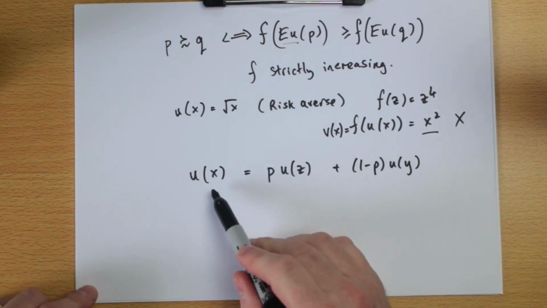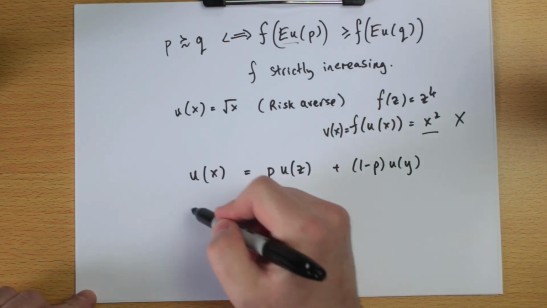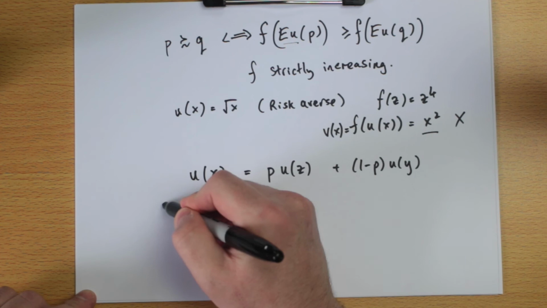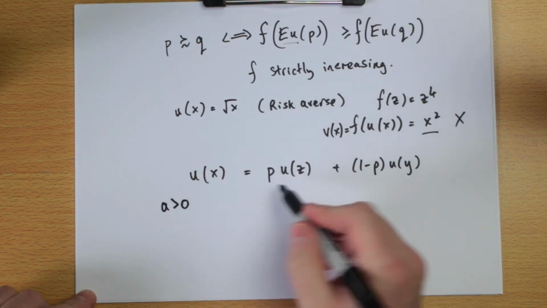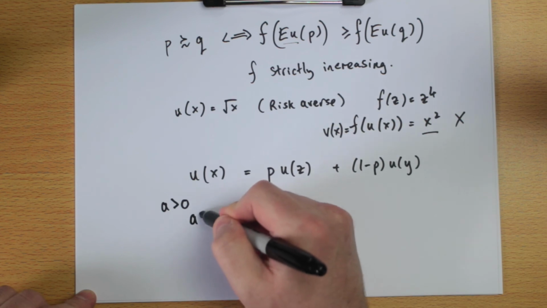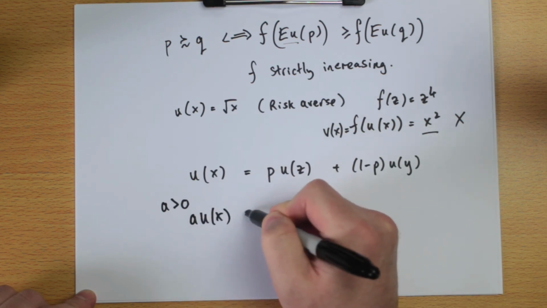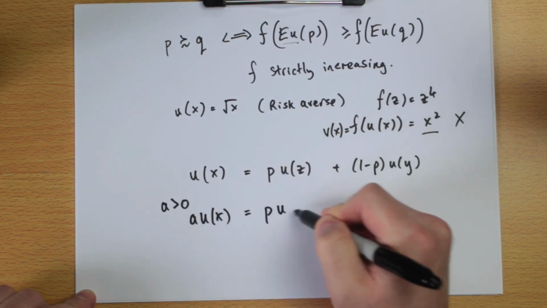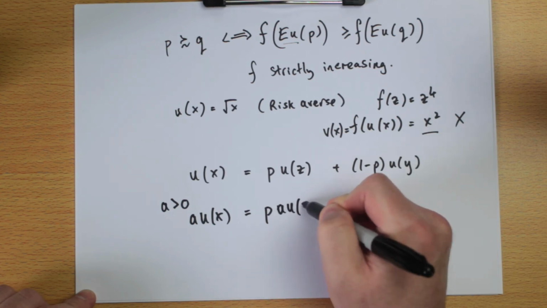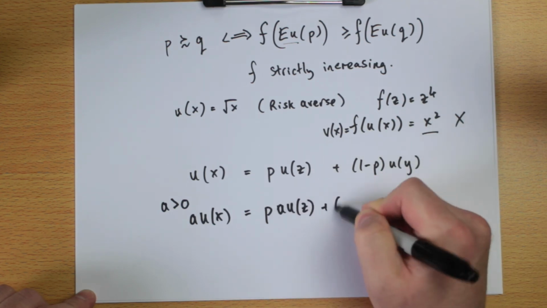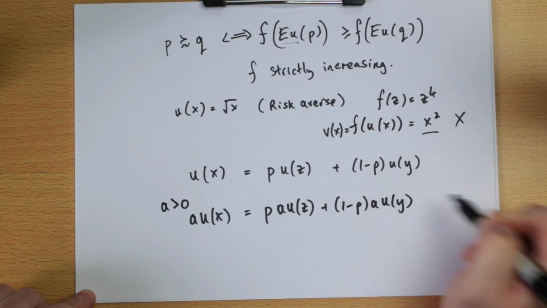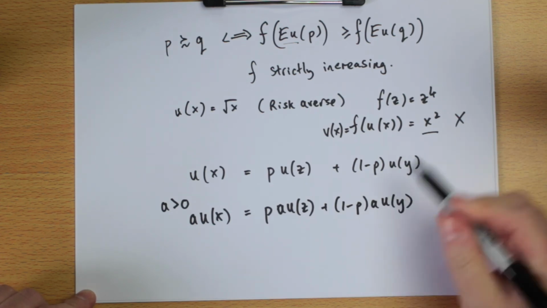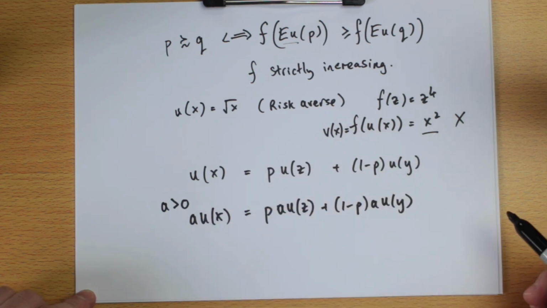If I multiply everything by some number A, positive, then this equation is equivalent to saying A U(x) is equal to P times A U(Z) plus (1 minus P) A U(Y), okay? This is equivalent because I can just cancel out these A's, which are strictly positive.